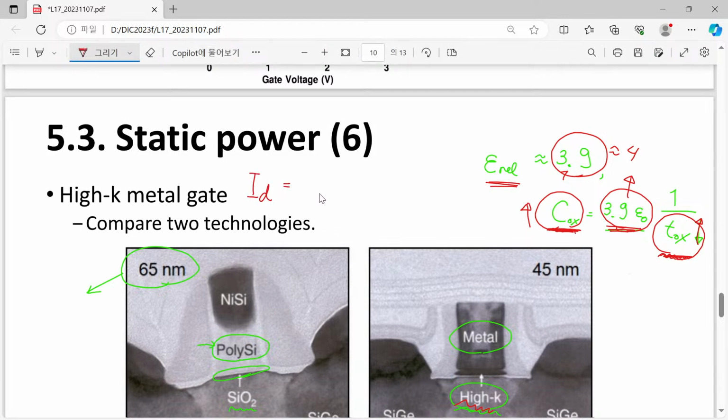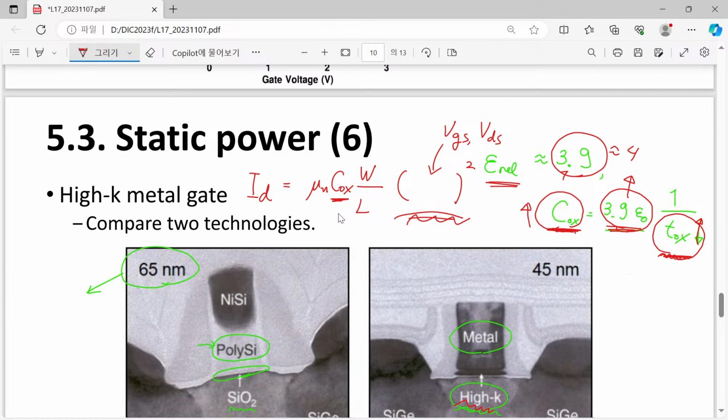So Cox W over L, and we have blah blah blah, which depends on VGS and VDS, depending on the operational point. We have different values. The point is here we have Cox.